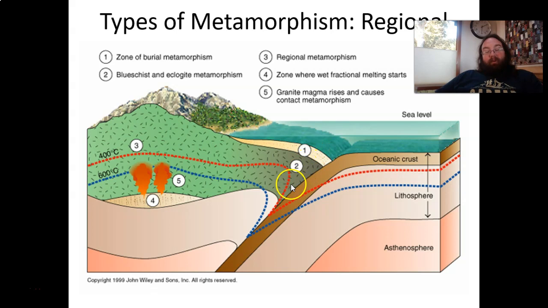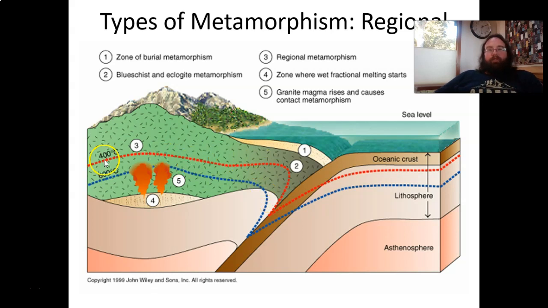But as rocks find a way further and further down the trench, you're going to get cooked more, but you're going to be in ground that's relatively cold for how deep it is. And so you're going to get blue schist and eclogite, the two rocks that tend to form in these environments, and they are common in products of subduction.